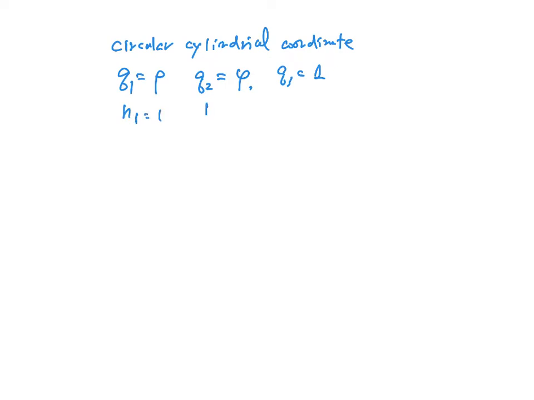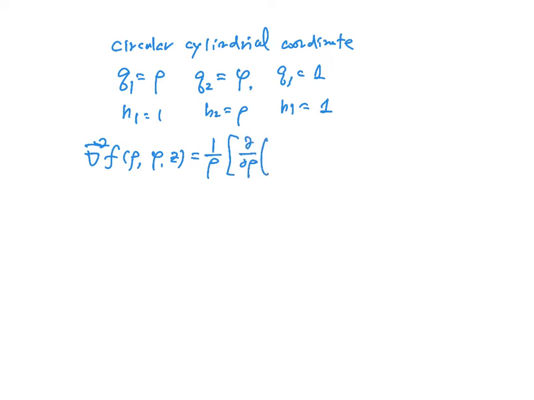H1 is 1, H2 is rho, H3 is 1. So the Laplacian of F of rho, phi, z: h1 h2 h3 is rho, right? So 1 over rho, partial rho partial of h2 h3 over h1.